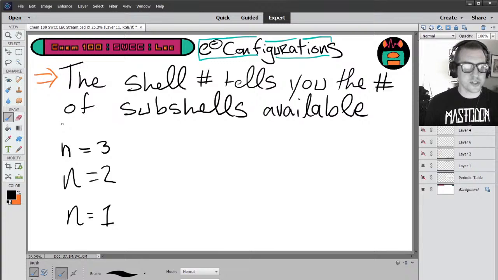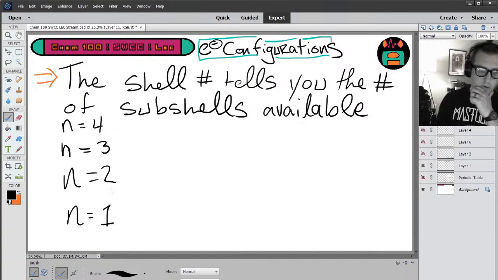So we've got n equals 1, n equals 2, n equals 3, n equals 4.